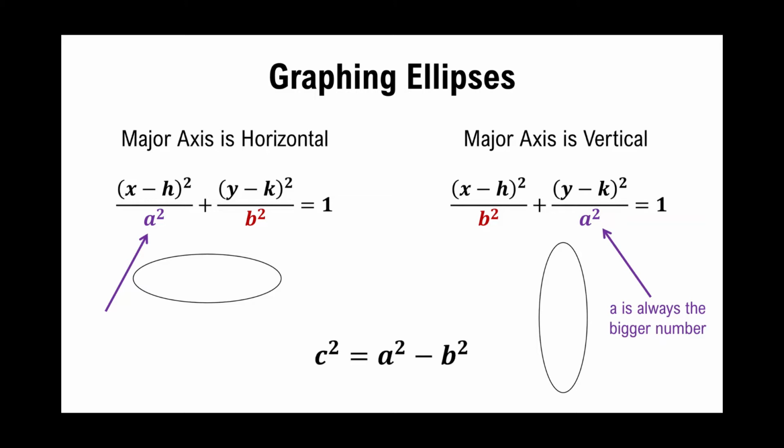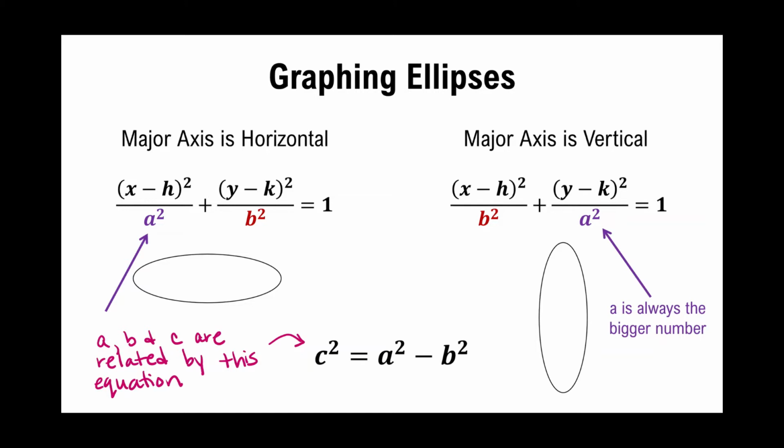And we labeled the distances from the center point to the vertex, the co-vertex, and the focus as A, B, and C. And these values are related using this equation: C squared equals A squared minus B squared. It's obviously very similar to the Pythagorean theorem.